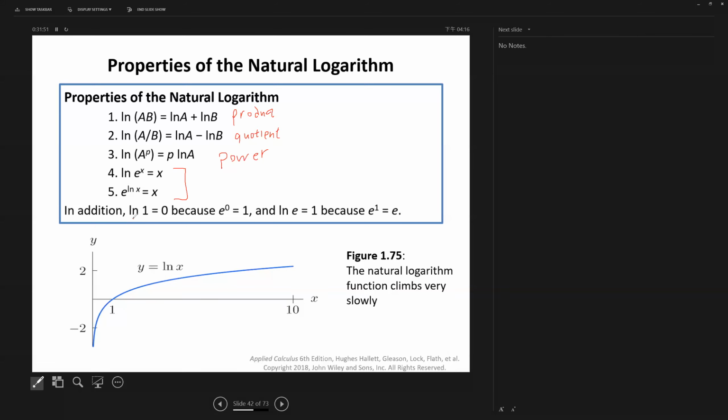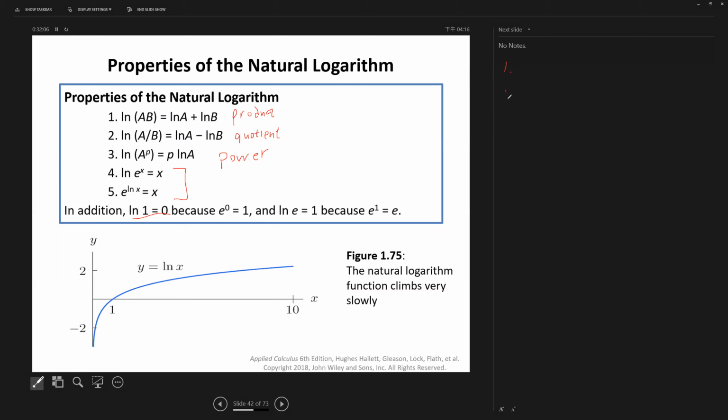In addition, ln 1 is equal to 0 because e to the power of 0 is 1, and ln of e is 1 because e to the power of 1 is e. Let's just do a quick review, a quick example on all of them.